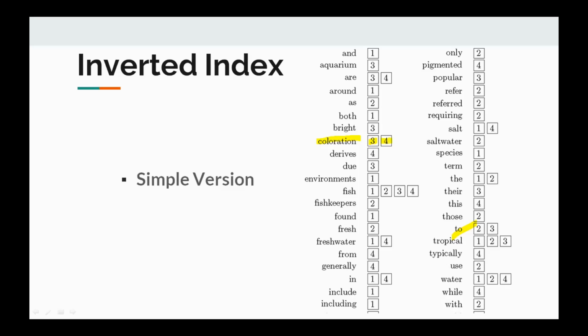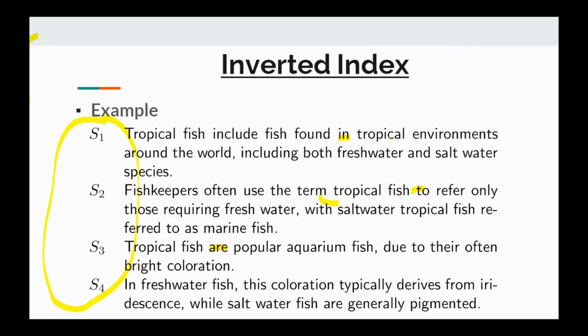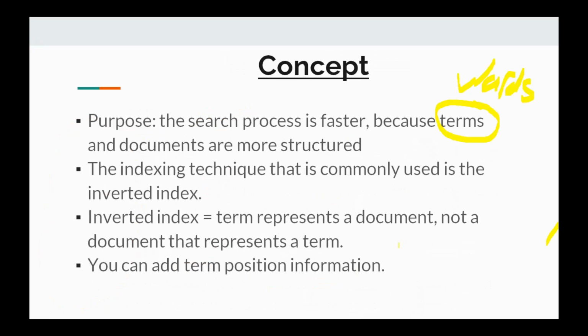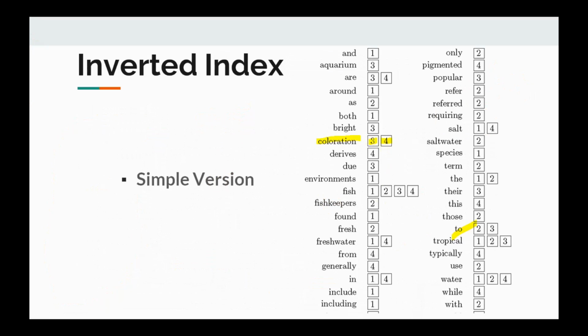Going back to the previous slide, look at documents 1 and 2: there is no coloration at all in document 1 and document 2. Coloration is only in document 3 and document 4. That is the meaning of 3 and 4 here.